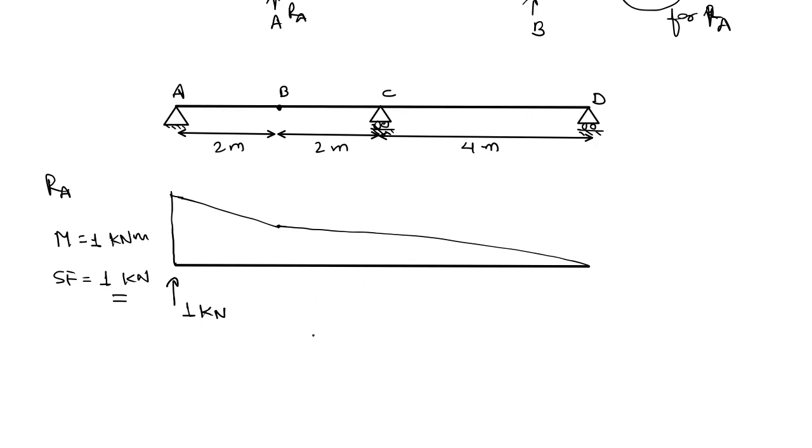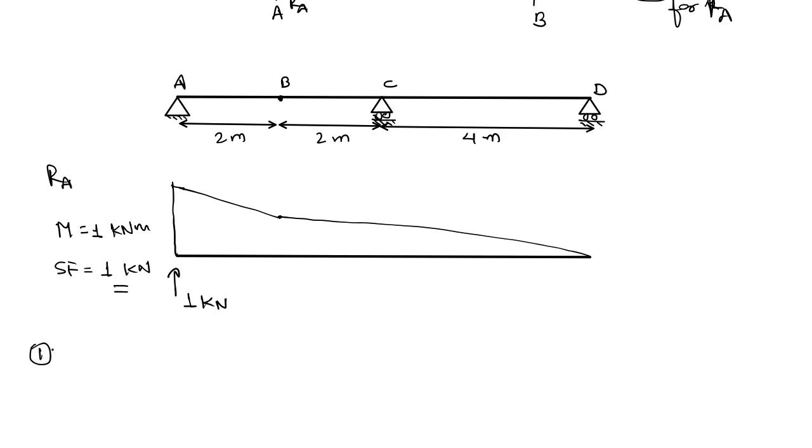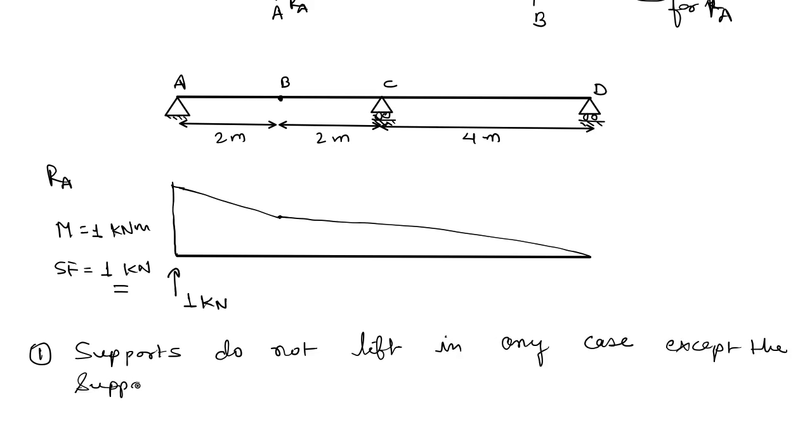Now here I'll tell you some rules that are never broken when we are drawing an ILD. The first important rule to remember is that the supports do not lift in any case except the support under consideration.